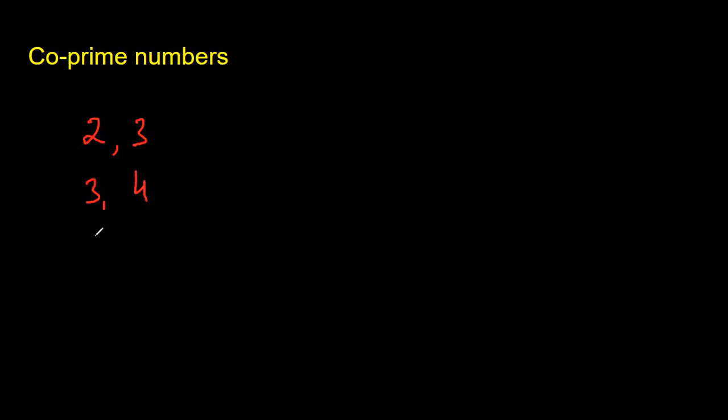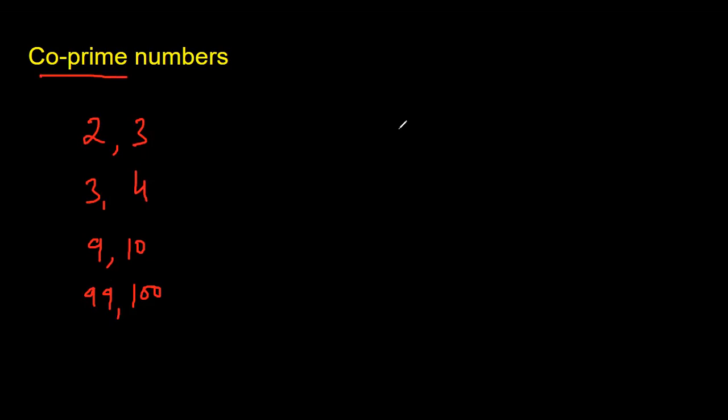Okay. So with this definition, you can also say 9 and 10 are coprime. Are they? Even 99 and 100 are coprime. Yes, because they do not have any common factor other than 1. So there are many pairs of coprimes.